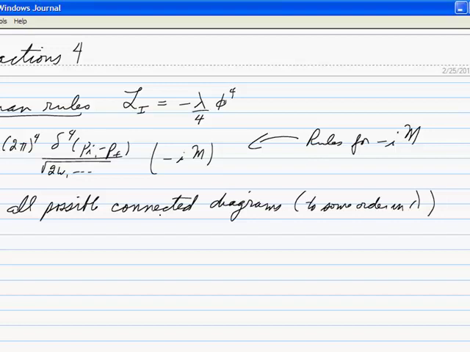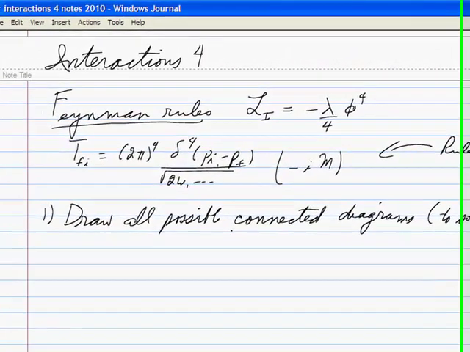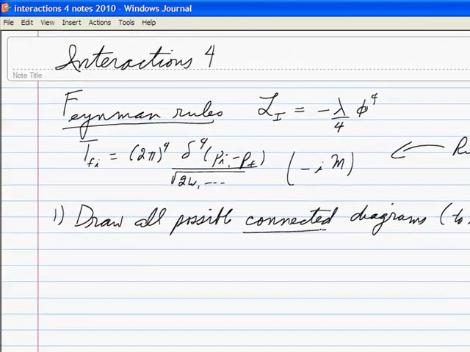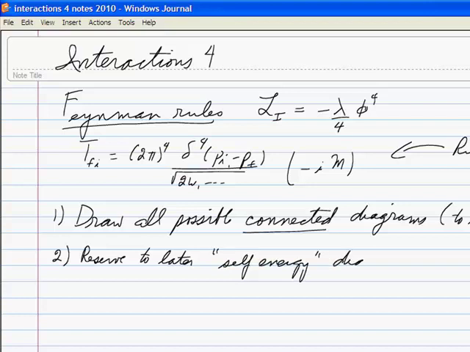One of the words in here has to be explained: connected. What does connected mean? Draw all possible diagrams. I think you understand. We will reserve self-energy diagrams for later. I have to explain what that is also today. So that's part of the game plan for the day.